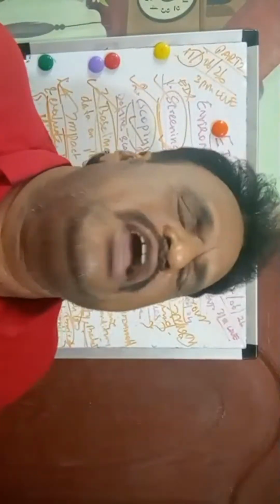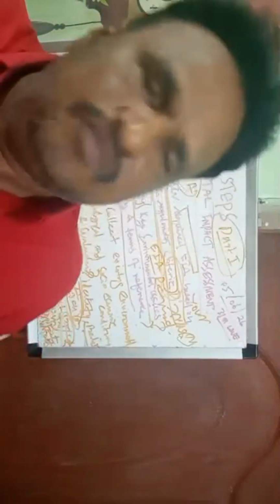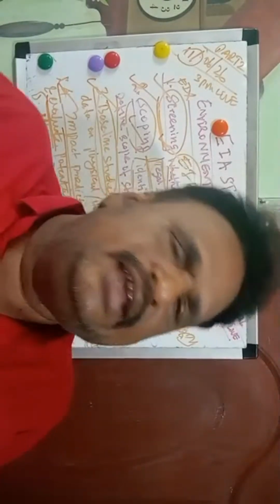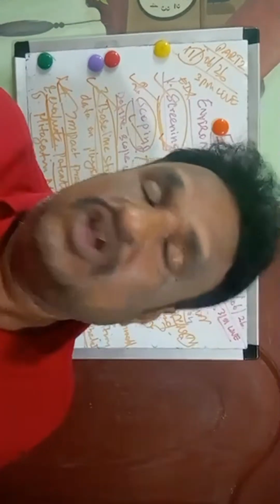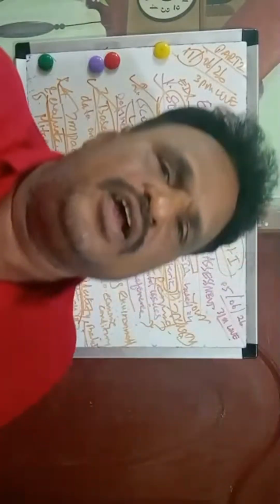So these 5 we have seen. Overall 5 steps, step 1, step 2, step 3, step 4, step 5, we have seen. We will see the rest 5 on 11th. If you have any doubt in these environmental impact assessment steps, you can comment on that. Definitely I'll try to answer.